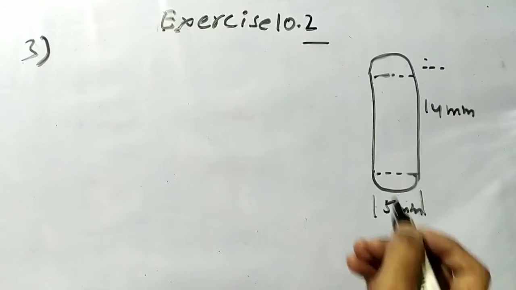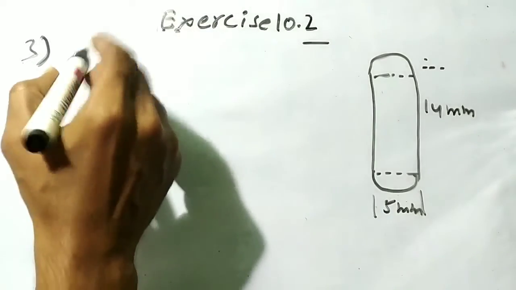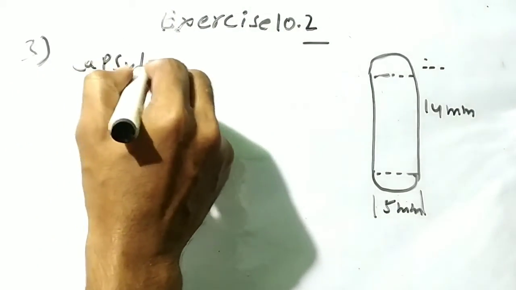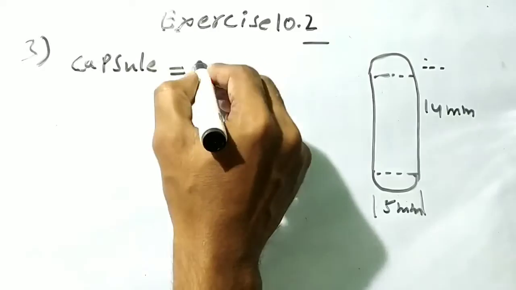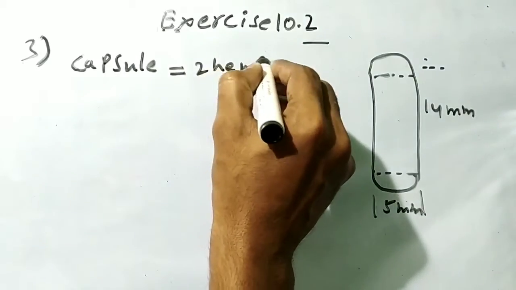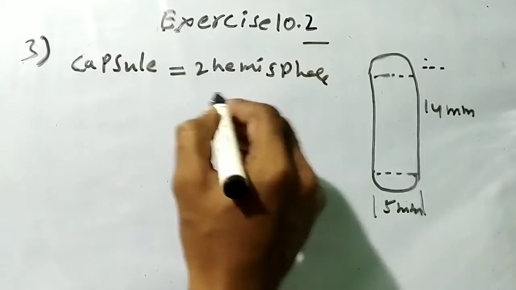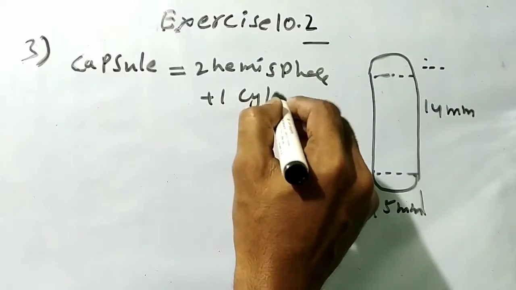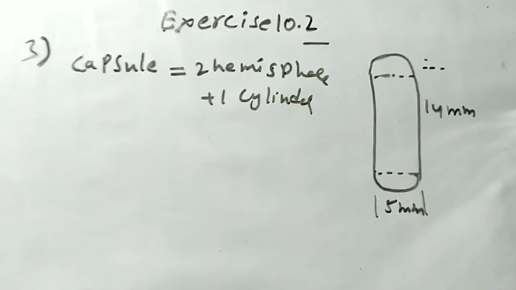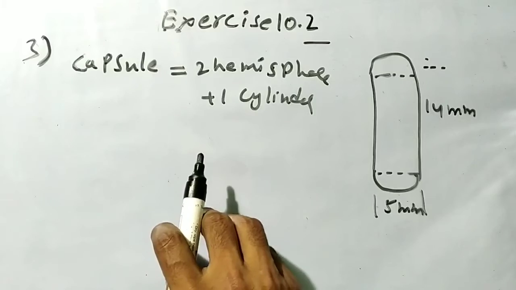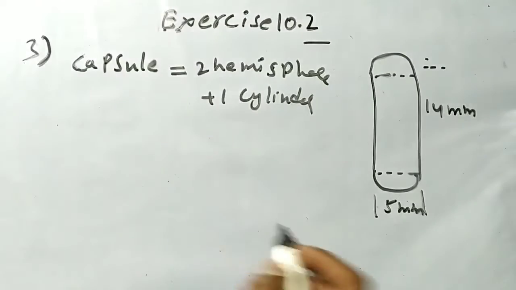So here I will write that a capsule is a combination of 2 hemispheres plus 1 cylinder. So your capsule is made up of a combination of 2 hemispheres and 1 cylinder.